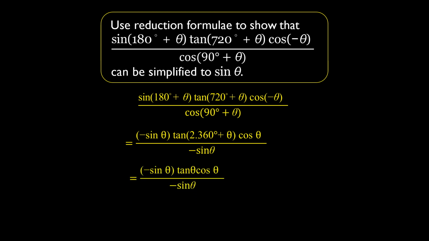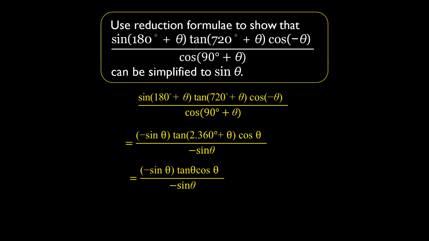And then the first term is sine 180 plus theta, making minus sine theta. Cos minus theta in the numerator is cos theta. Look at the denominator. Cos 90 plus theta, second quadrant, where cos is negative, and because of the 90 we get minus sine theta.